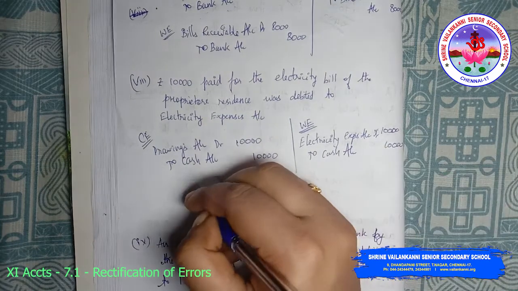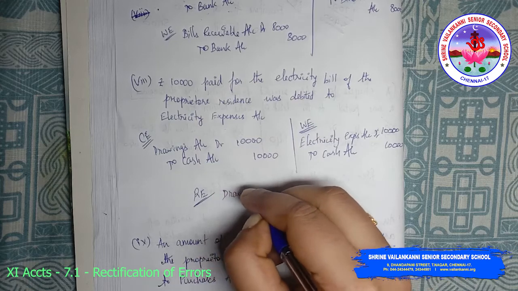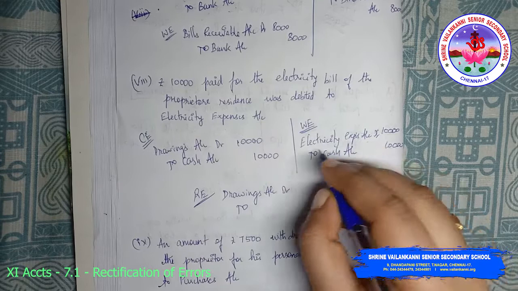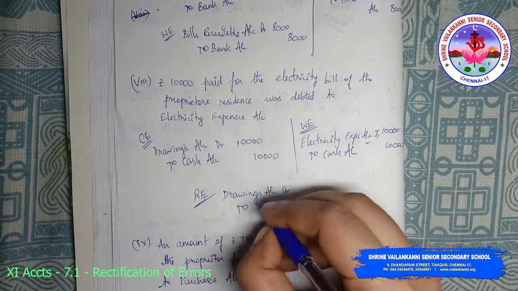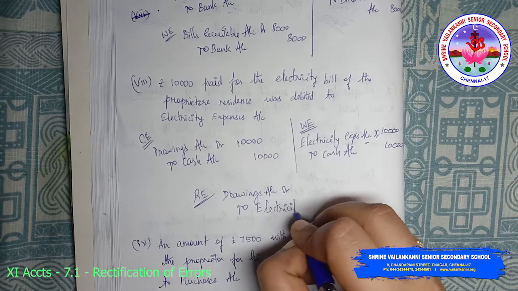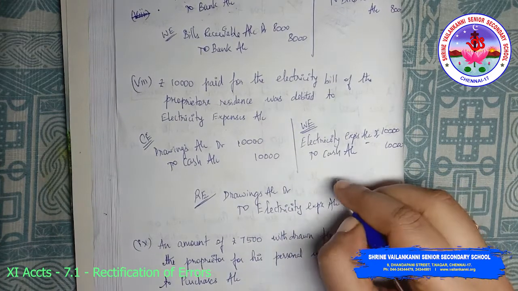What is the rectified entry? Correct debit is what? Drawings. So debited. What is wrongly debited? Electricity expenses. So credited.